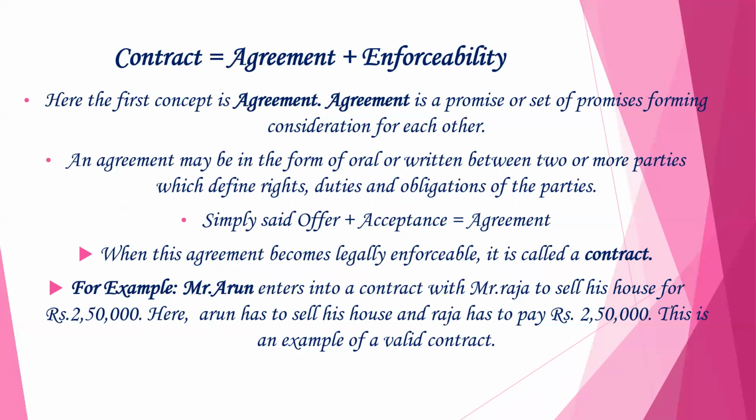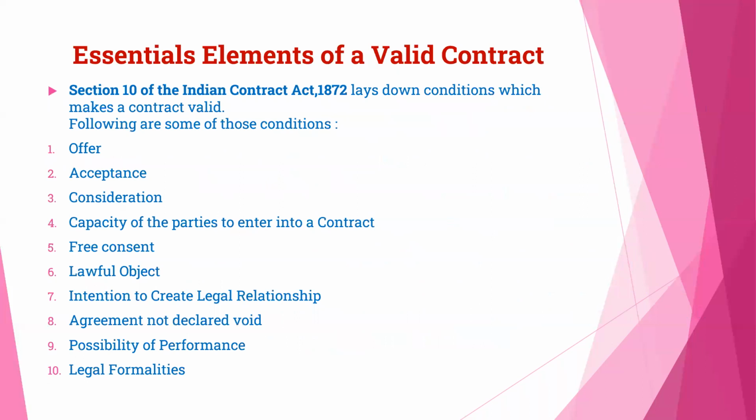Simply said, if we want to enter into an agreement, we need two parties. Then after creating an agreement, it must be enforceable at law. That means the agreement must have all the essential elements of a valid contract. Now I am going to tell about the various essential elements of a valid contract.